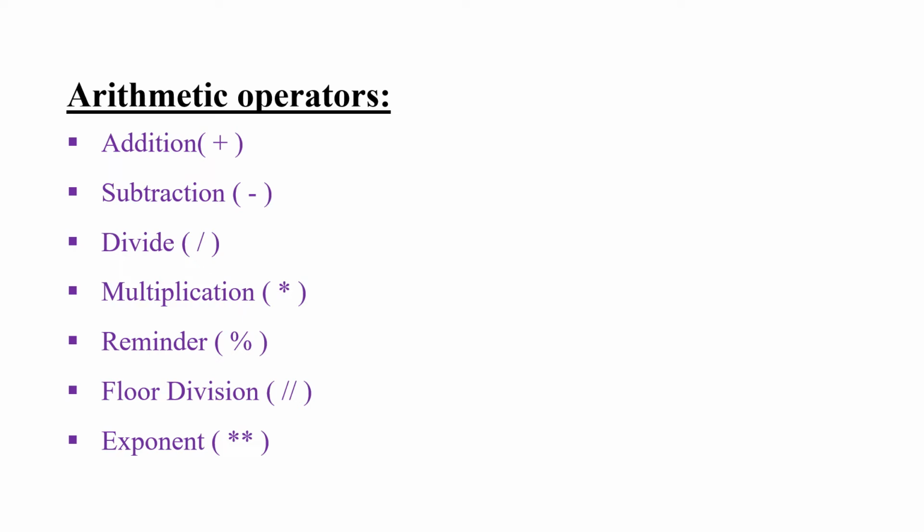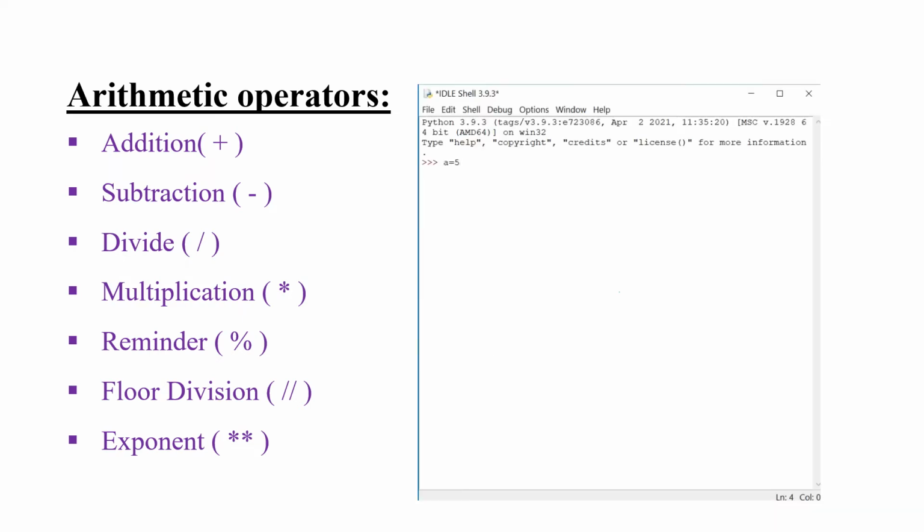For example, if a is equal to 5 and b is equal to 2, print a floor division b will get the output as 2. The actual output is 2.5, but floor division will give only integer values as the result. So we'll get the output as 2.